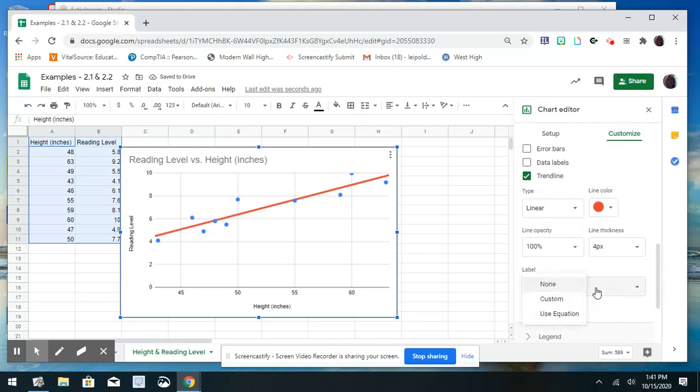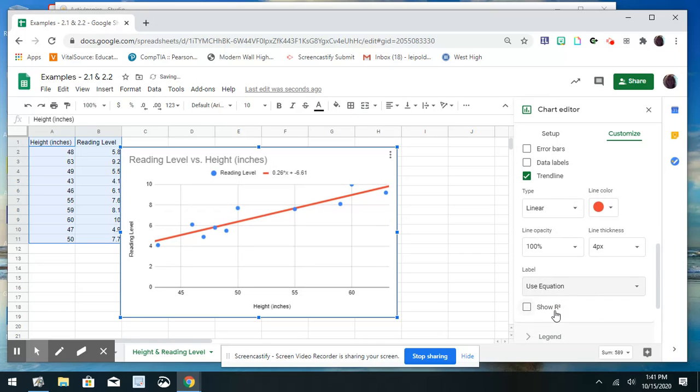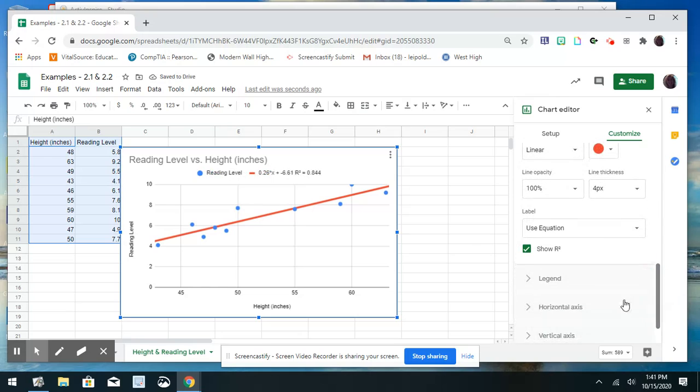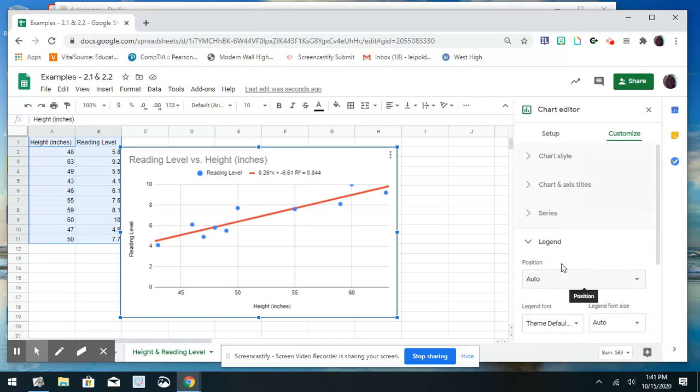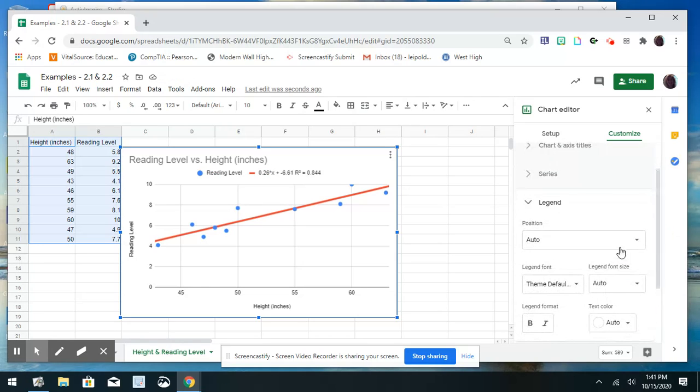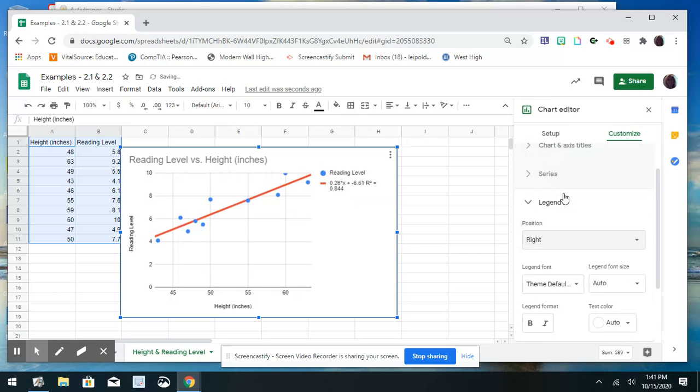With the label, I'm going to label use equation, and then I want to see the R squared. I'll have to change it to an R, but we'll get to that in a moment again. And then we go to legend, and I want to position this on the right-hand side so it's a little bit easier for me to see the data. And to make it even easier, I change the font size to 18.